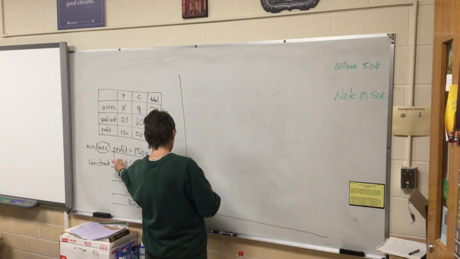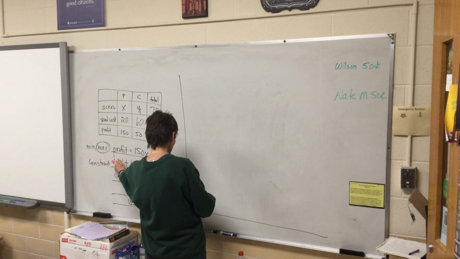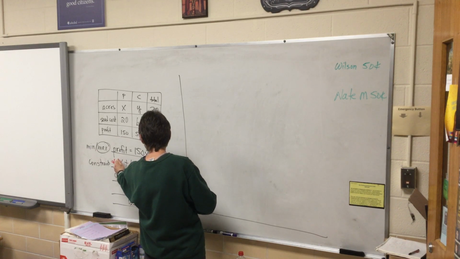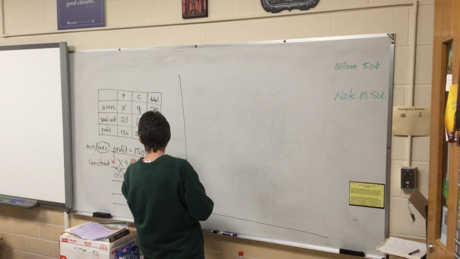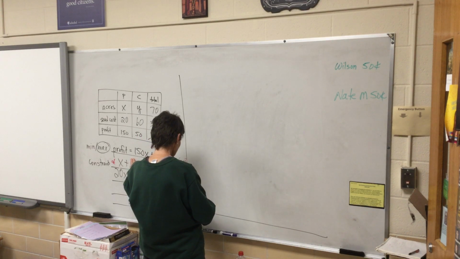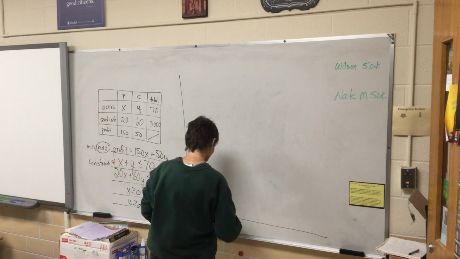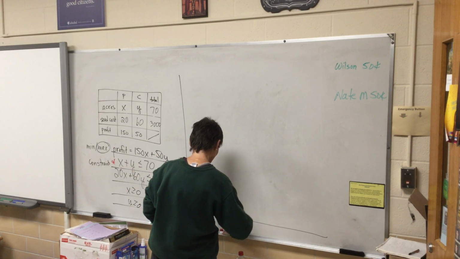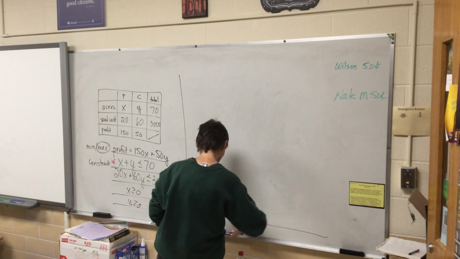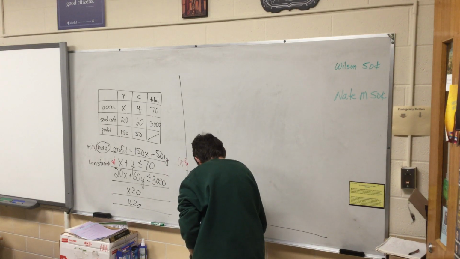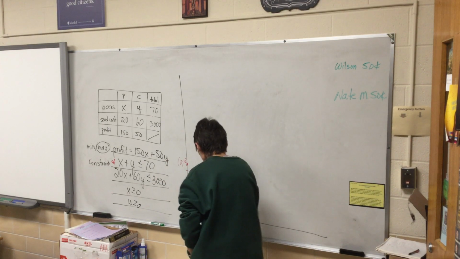I'm going to cover up X. Y is 70. I'm going to cover up Y, and X is 70. And I'm going to connect those with a nice straight line.